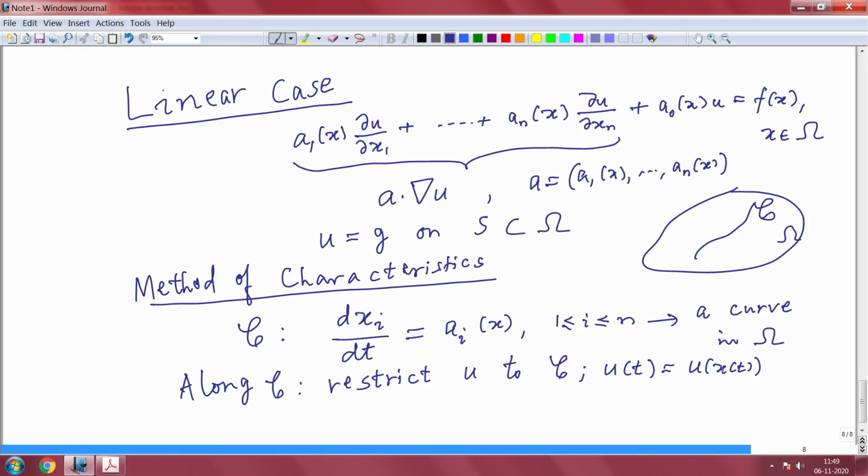So, this abuse of notation, and then if you use the given linear equation, what you see is by chain rule du by dt plus a 0. Again let me write x t, because we are restricting all functions to C only. So, they are just functions of u equal to f of x t.